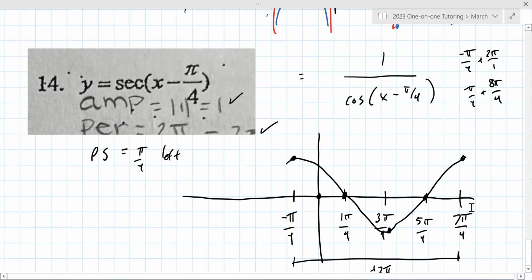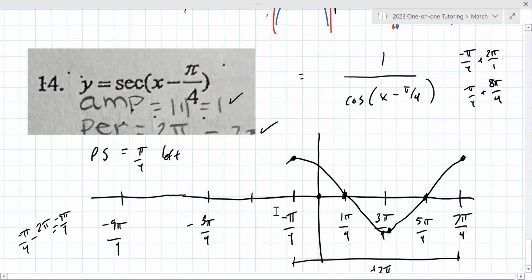Right. Now going left is a little bit easier because you're adding negative 2 pi. So it's like minus pi over 4 minus 2 pi. That ends up being minus 9 pi over 4. Okay. So this is minus 5 pi over 4. And then you find the midpoint between them.